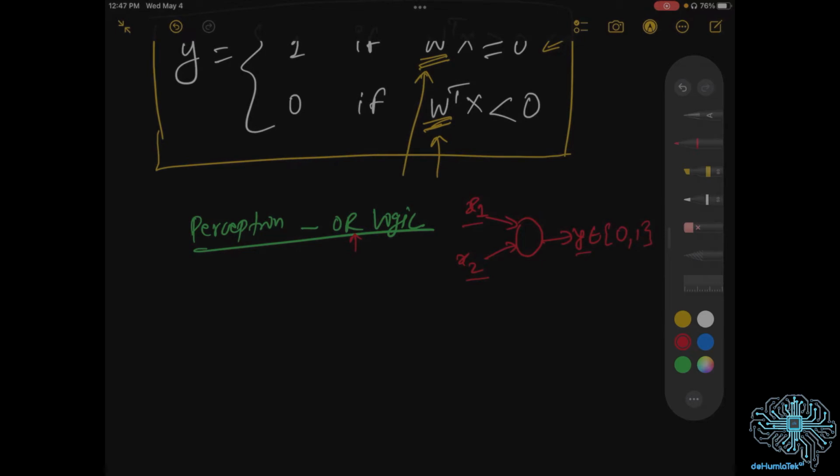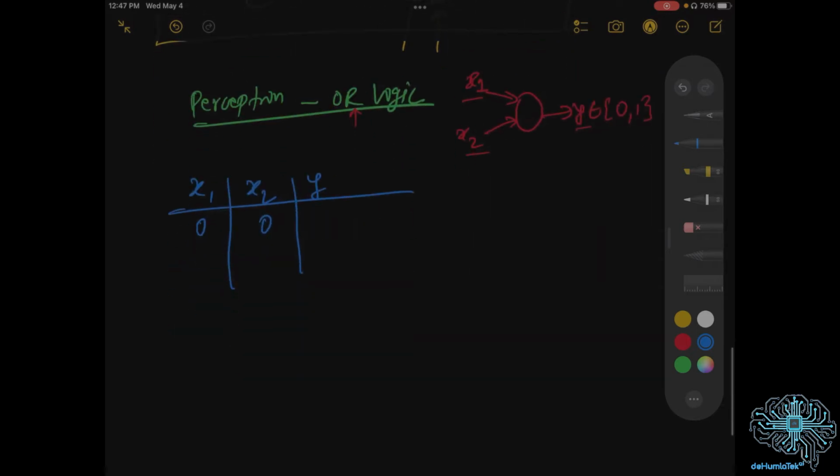Let's see the truth table for the OR function. This is the y. These are the possible inputs for the two inputs: 0 0, 0 1, 1 0, 1 1. And for the OR function, the output will be 0, 1, 1 and 1.